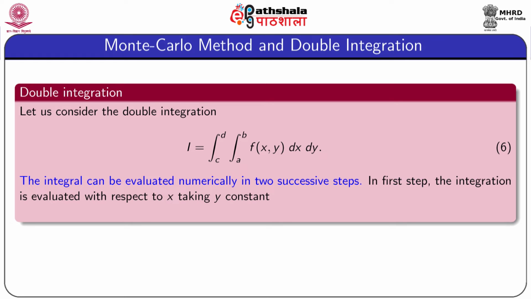In the first step, the integration is calculated with respect to the variable x, taking y as a constant quantity. And in the second step, that is evaluated with respect to y. In the second step, the variable is y and x is already evaluated. That is why in the second step, the integration is performed over the variable y.